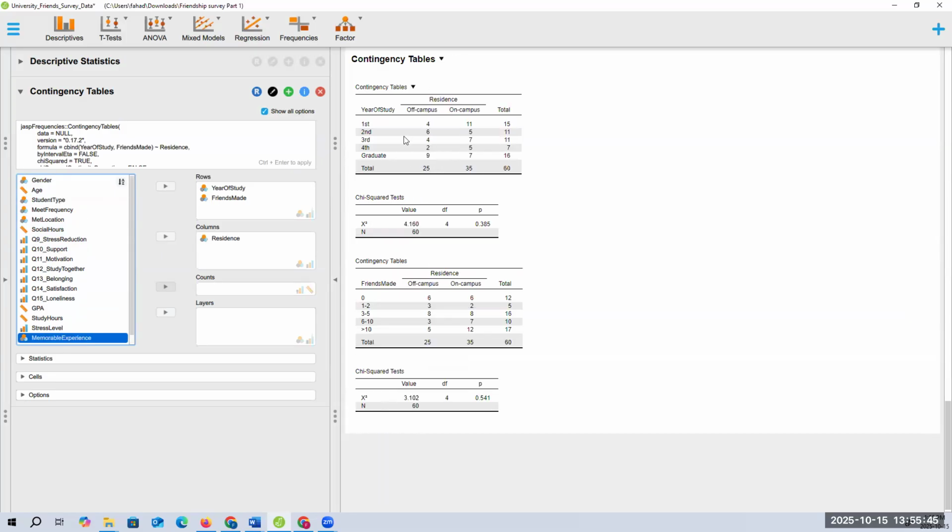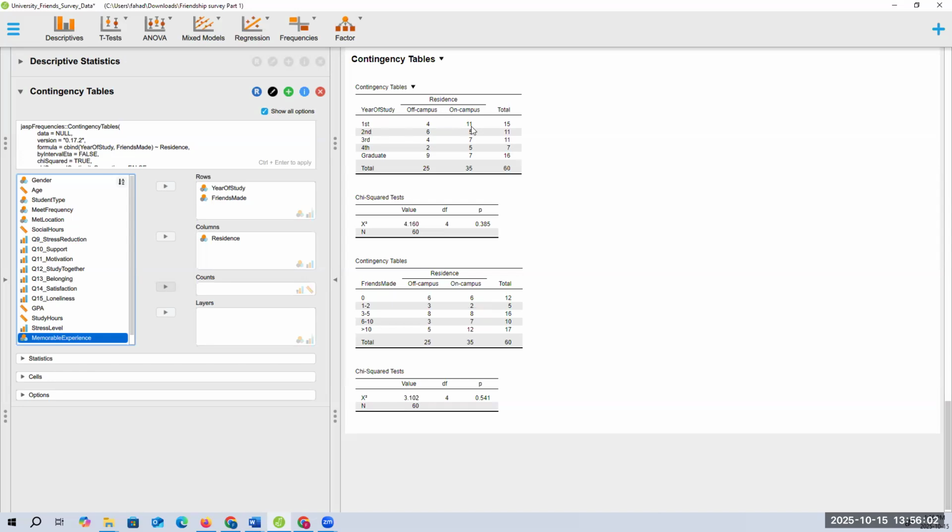So this is interesting. I can look at the year of study and then residence, and how many were off campus or on campus. So first year, 4 are off campus, and on campus, there are 11, right?